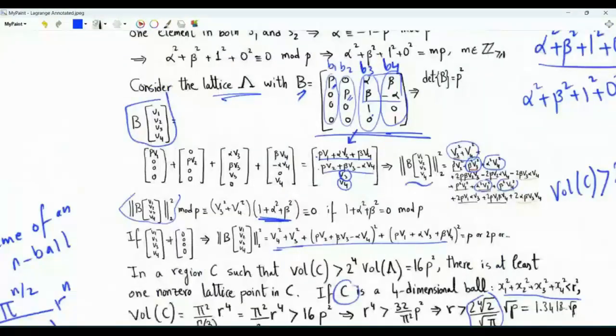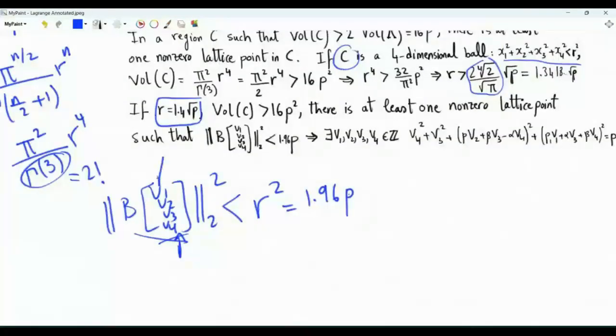But recall that the L2 norm squared modulo p is congruent to 0, which means that the L2 norm squared is p or 2p or 3p and so on. Now we are sure that there is a non-zero vector here such that the matrix times that vector will be a point in the lattice, and this point has a distance squared from the origin that is less than 1.96 p.